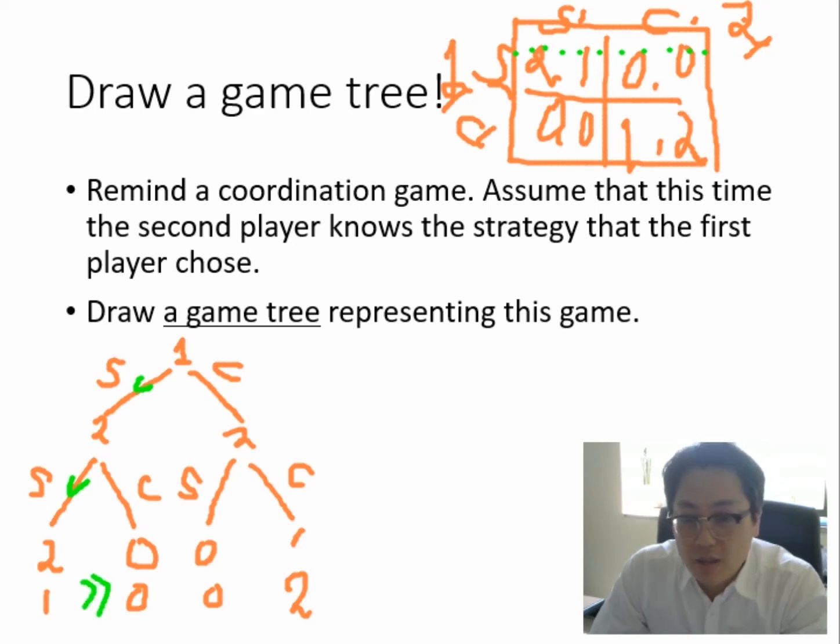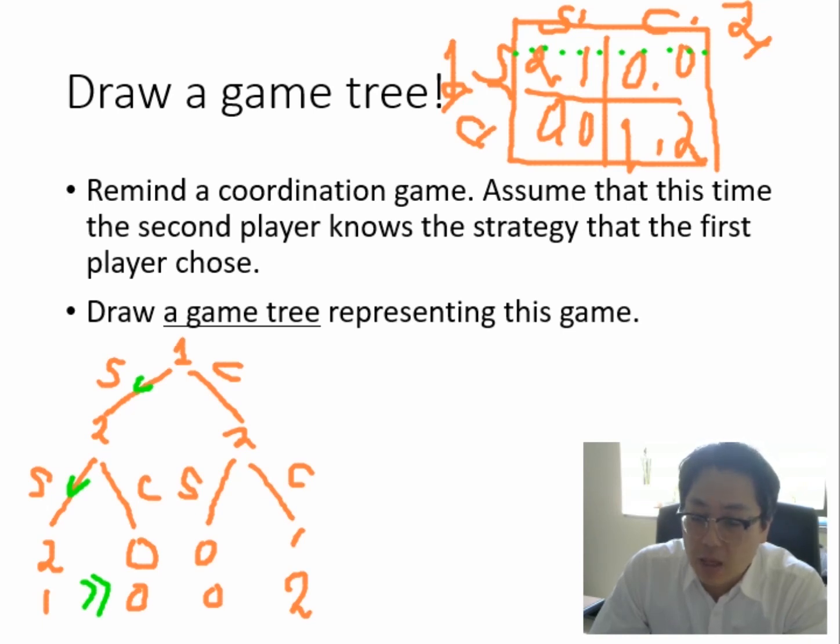Right? So can you see what's different between this game and this game? Here, even though the first player chooses S, the second player cannot know that. But in this game, the second player will observe that. So this game is different from this game.